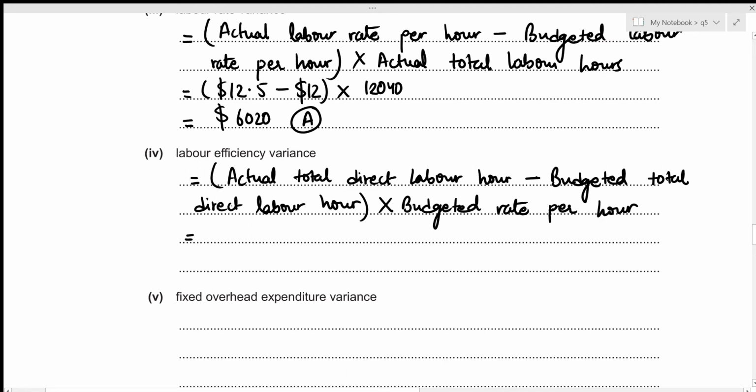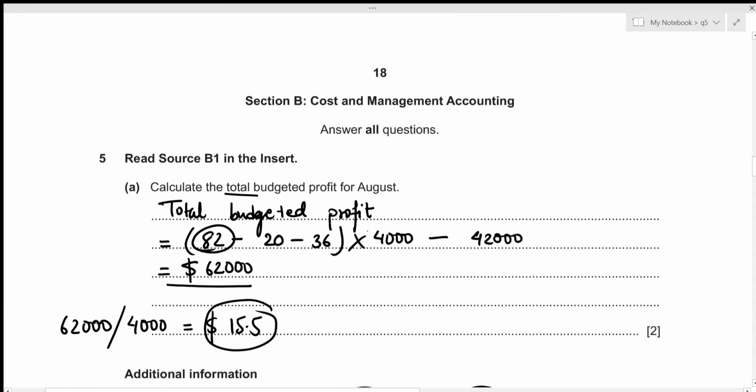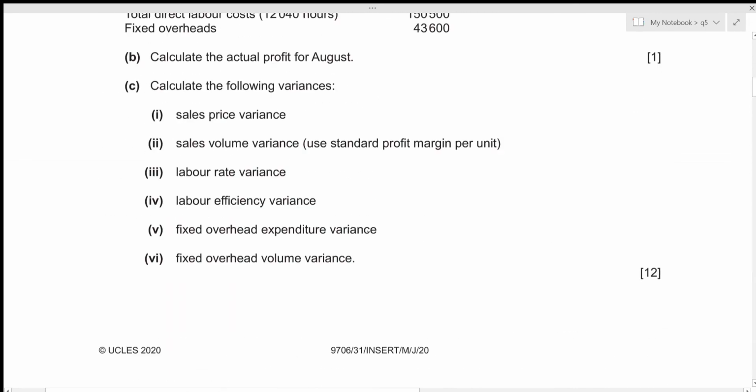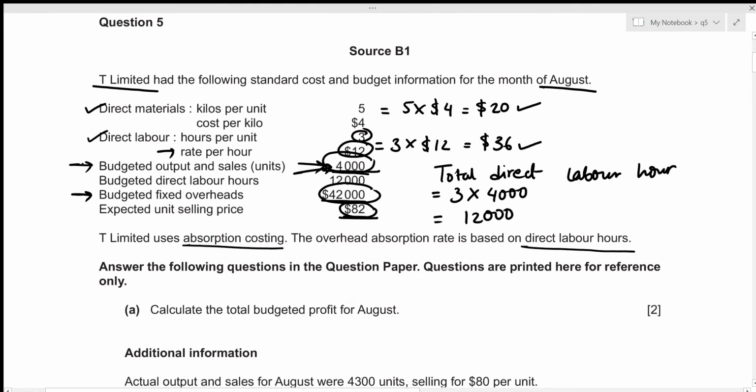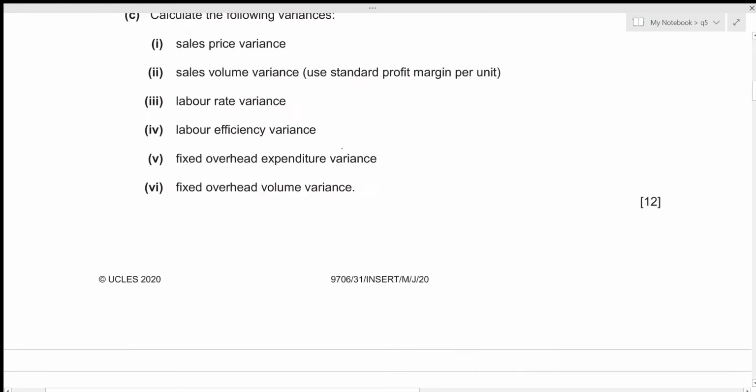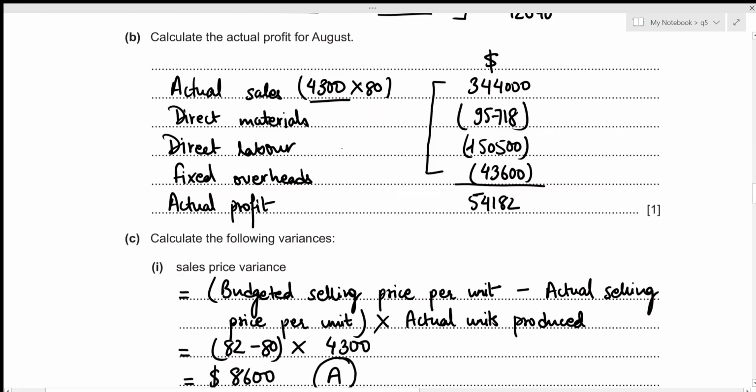We know that the actual direct labor hour was 12,040, whereas the budgeted total direct labor hour was 12,000. Okay, let's have a look above for budgeted rate per hour. So we're given it right here. The budgeted rate per hour was actually 12. So let's multiply it.